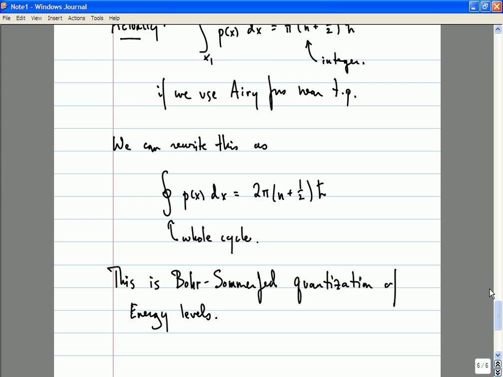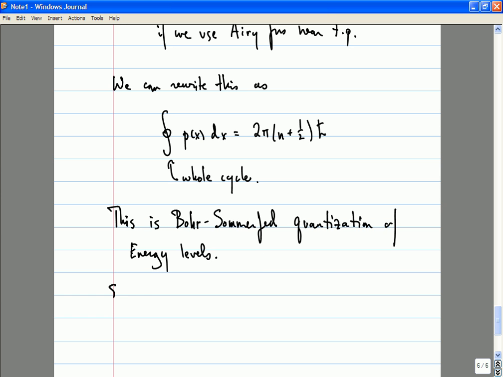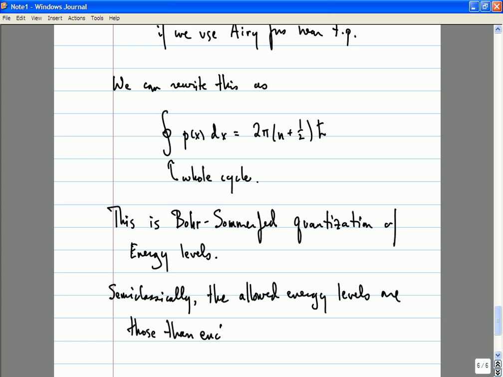In particular, it tells us that semi-classically, the classical states, or the energy eigenstates, which determine the allowed energy levels, are those that enclose an integer, or I suppose I should say a half integer area of phase space as measured in units of h bar.